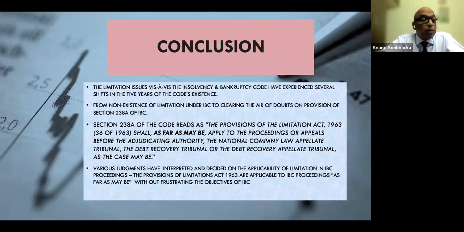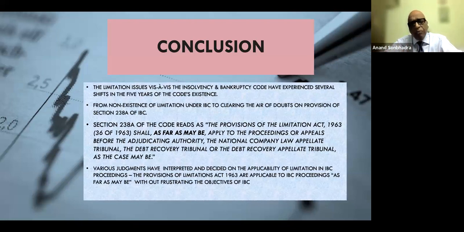And I'll quickly bring this to my own conclusion. You may agree with me, you may not agree with me, but this is my own view. So the limitation issues vis-a-vis the Insolvency and Bankruptcy Code have experienced several shifts in the 5 years of the Code.